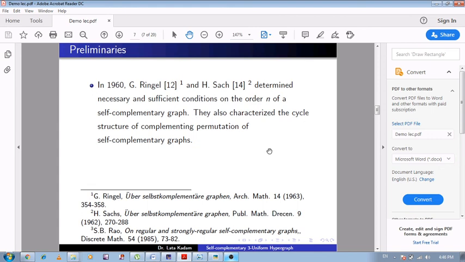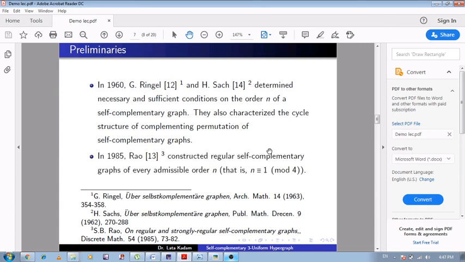They also characterized the cycle structure of complementing permutations of self-complementary graphs. And in 1985, Rao constructed regular self-complementary graphs of every admissible order n, that is, n congruent to 1 modulo 4.